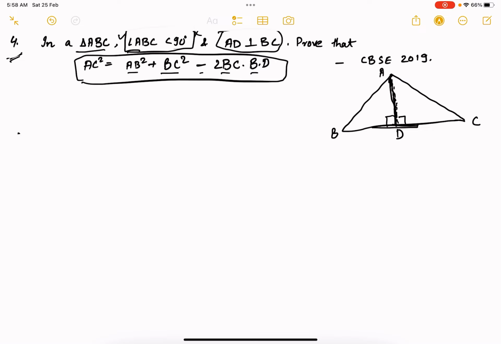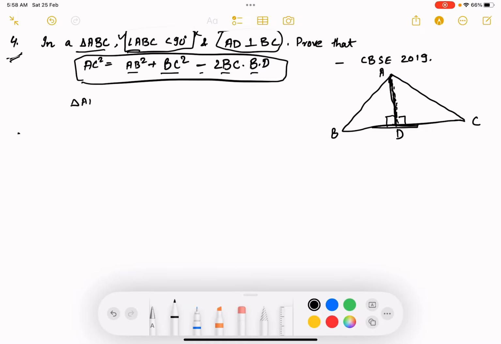In triangle ADB, applying Pythagoras theorem, we have AB square is equal to BD square plus AD square. And again in triangle ADC, we have AC square is equal to CD square plus AD square.